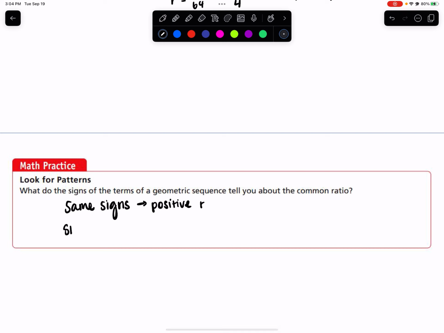However, if your signs change in the sequence, so you have positive, then negative, then positive, then negative, then you're multiplying by a negative common ratio, because that means you are taking the opposite sign every single time.